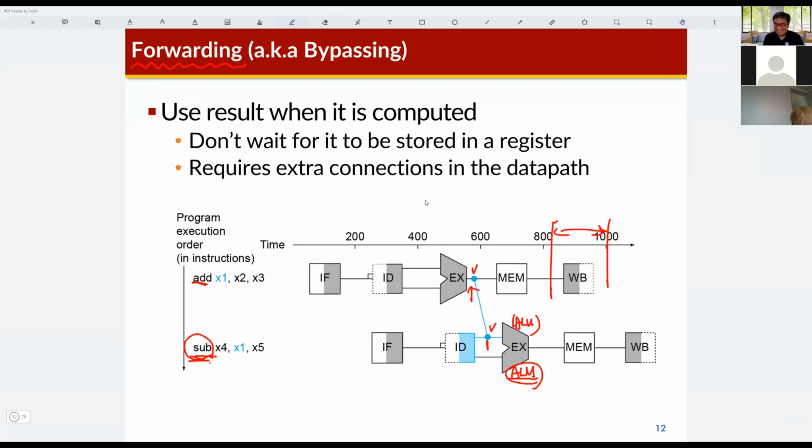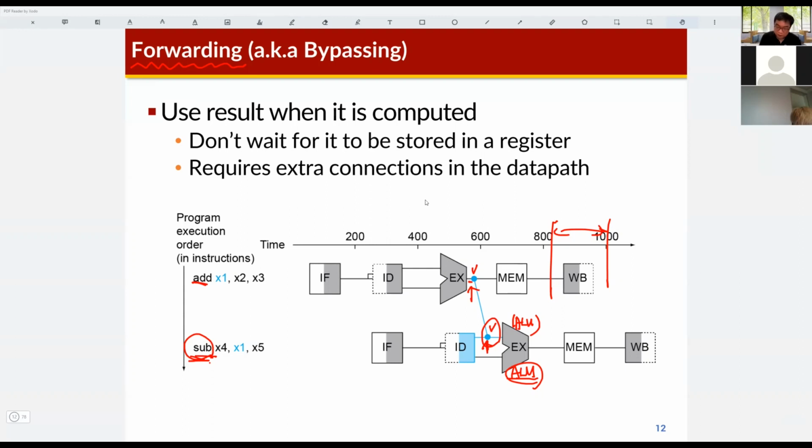So as you can see, this time is the future of the timing when the result of the add instruction is generated, and the computer processor already has this computed value. If there is a path, the data can be delivered to the input of the ALU, right?